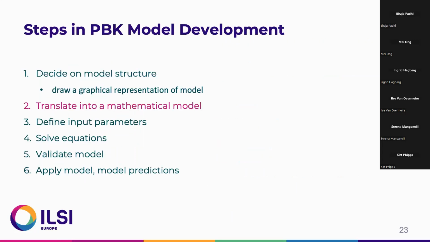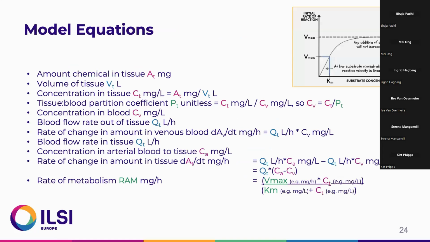The next step then is to translate it into mathematical equations. For your reference, you can see the slides later, I've listed all the equations that come into these models that will go into each of these tissues. But I'm not going to name them all and I don't expect you to understand them if it's the first time you see this.